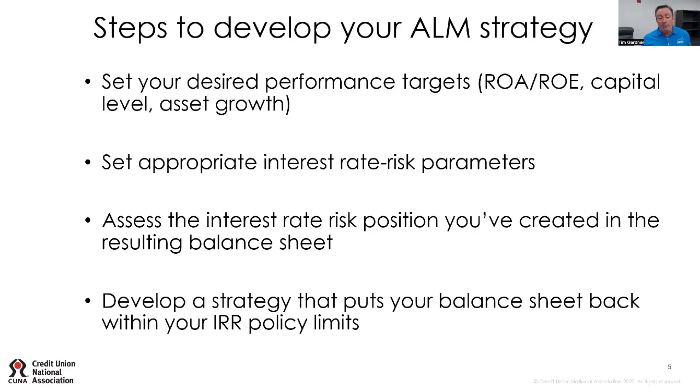And once we have the performance targets, we move on to, well, how much risk are we willing to take on to hit those targets? It could be that we're willing to take on a lot of risk. Maybe we feel that we don't want to take on much risk.